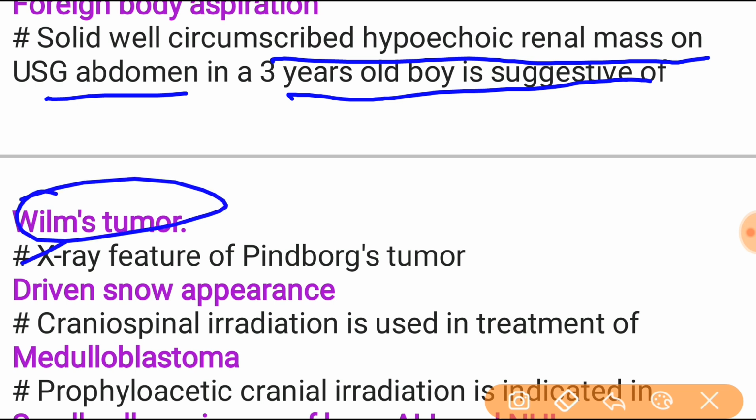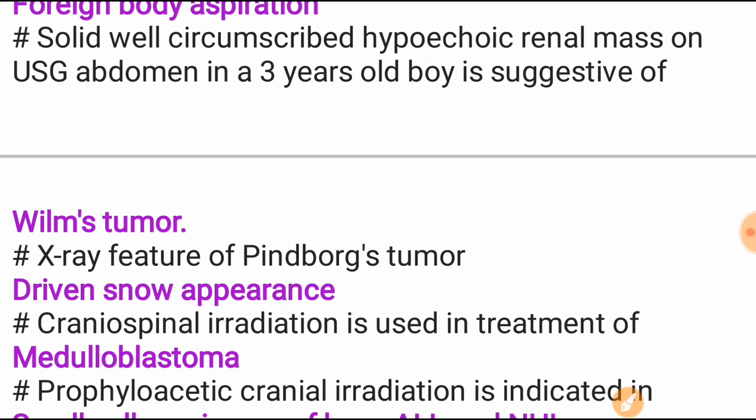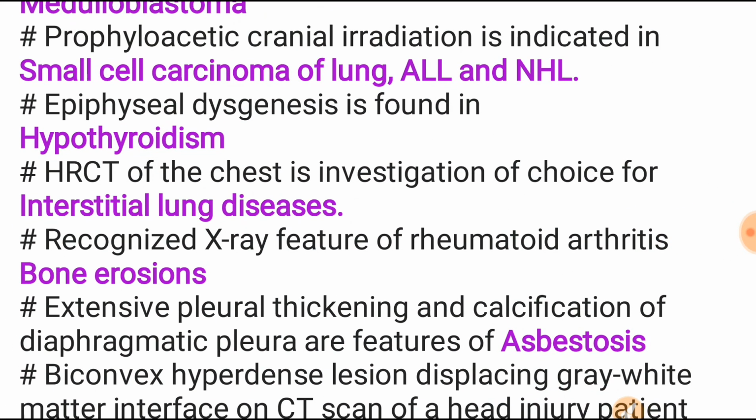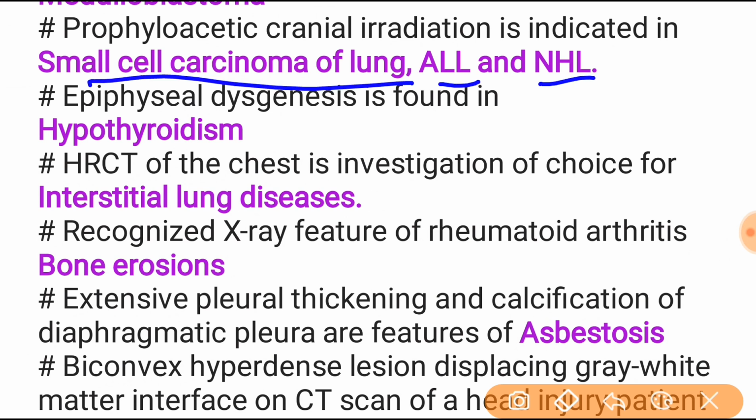X-ray feature of Pott's or Ewing tumor is the driven snow appearance. Craniospinal irradiation is used in treatment of medulloblastoma, and prophylactic cranial irradiation is indicated in small cell carcinoma of lung, ALL and NHL.